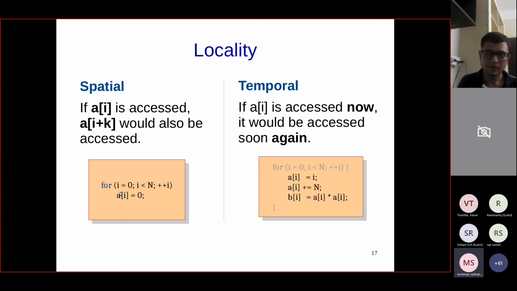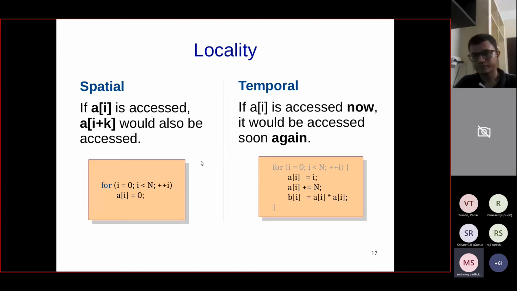So I'm in some sense accessing the nearby memory locations in that array. This array is stored contiguously in the memory. So if I'm accessing the 10th element in that array, then the 11th, 12th, 13th, 14th elements will be contiguous in the memory. So when I access that particular memory location, I'm also accessing its neighbors. That is what is spatial locality.